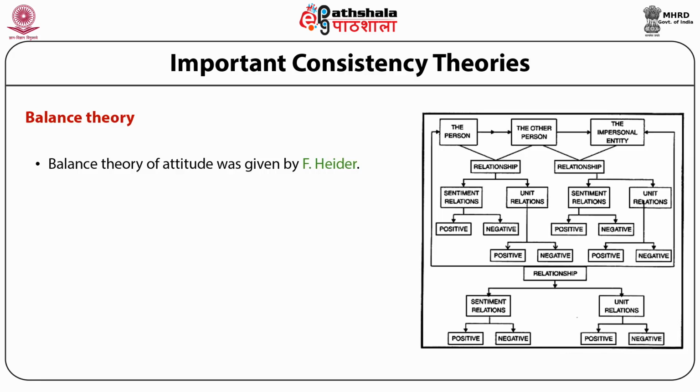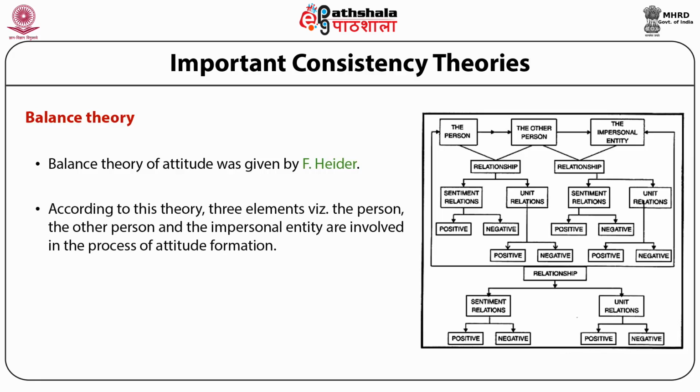This theory focuses on consistency in the judgment of other persons and the issues that are linked with some form of relationship. According to this theory, three elements, the person, the other person, and the impersonal entity, are involved in the process of attitude formation. Between these three elements, two basic types of relationships, sentiment relationships and unit relationships, exist.